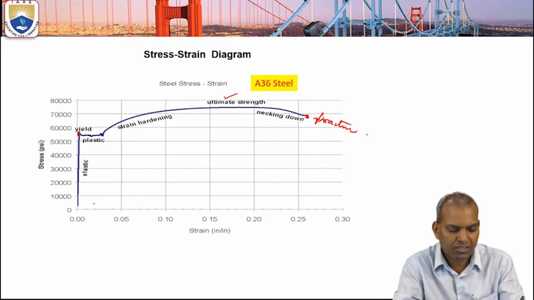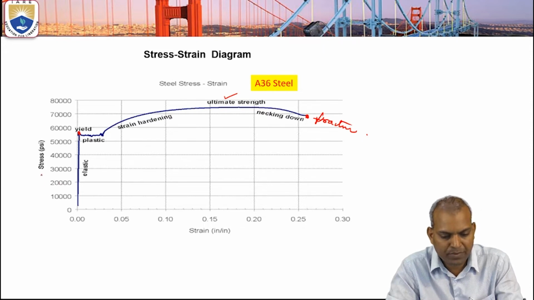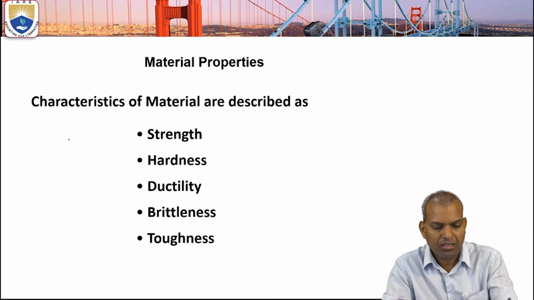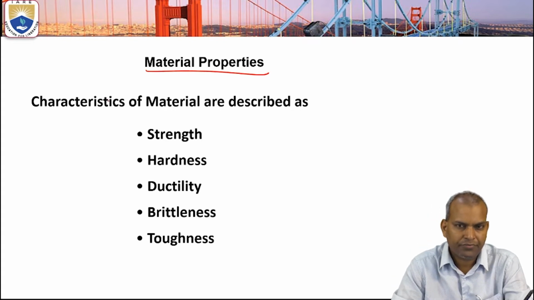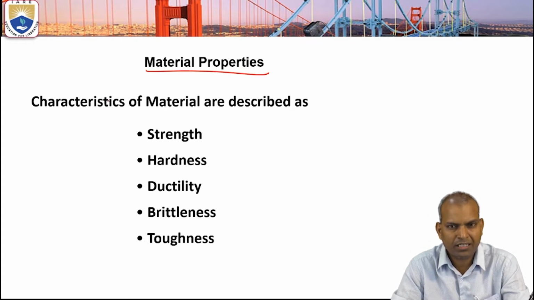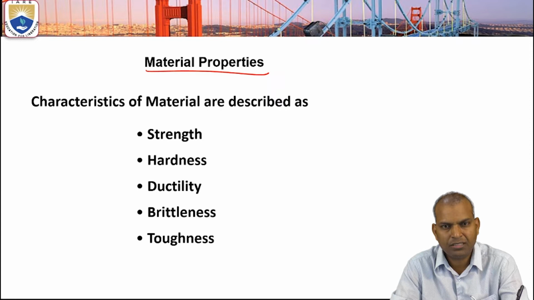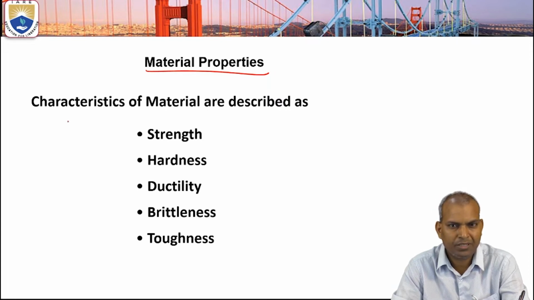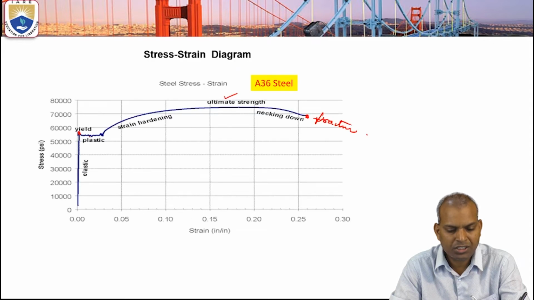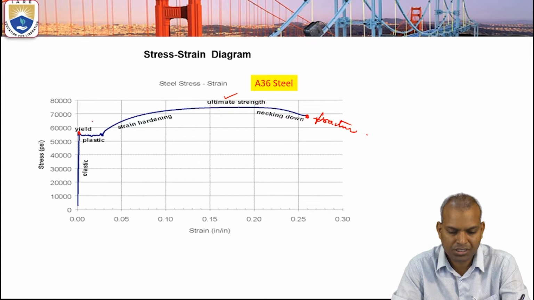So the stress versus strain diagram helps us understand various materials. The stress strain diagram is different from material to material. For copper, it is different. For steel, it is different. For brittle materials, it is different. So this is the stress strain diagram of A36 steel.